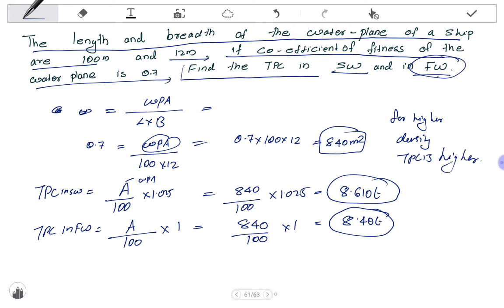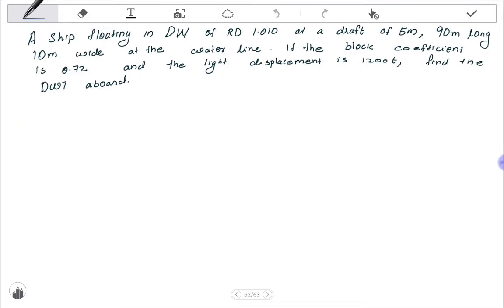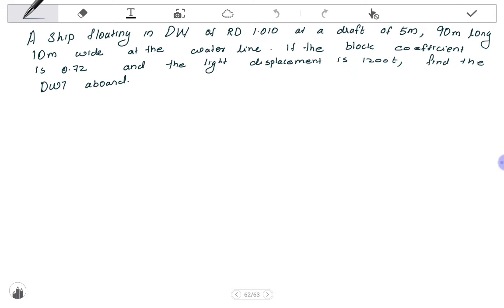Okay, so next let's do some other problem. A ship is floating in dock water. The relative density of the dock water is 1.010. The draft of the vessel at that time is 5 meters.